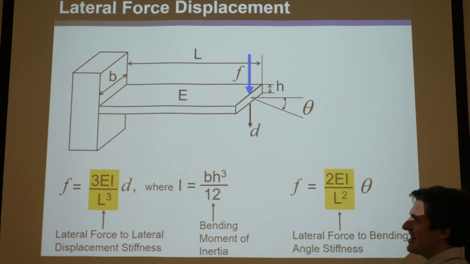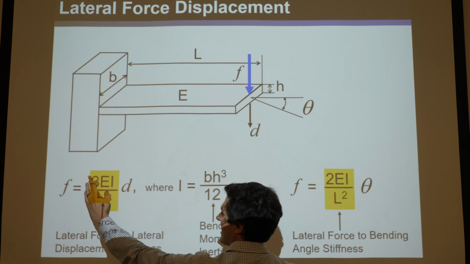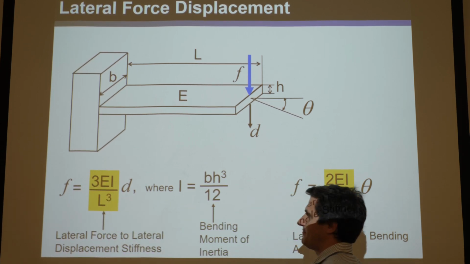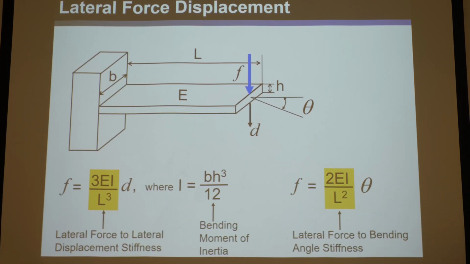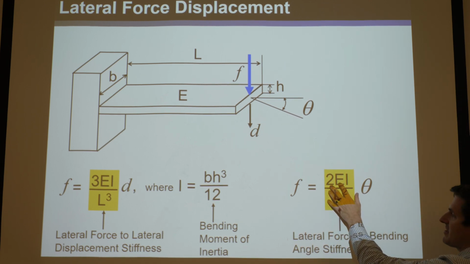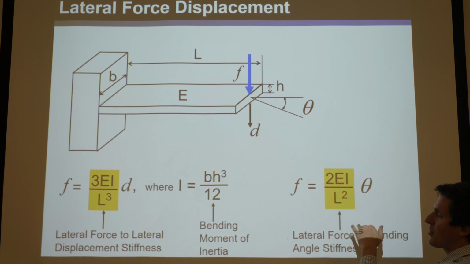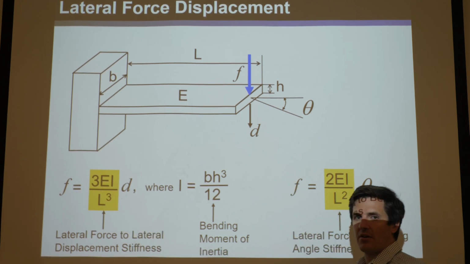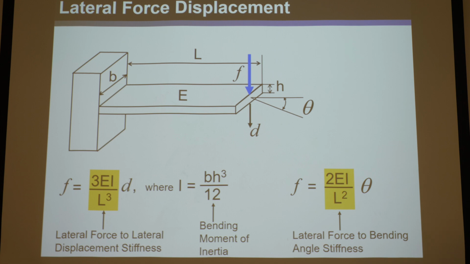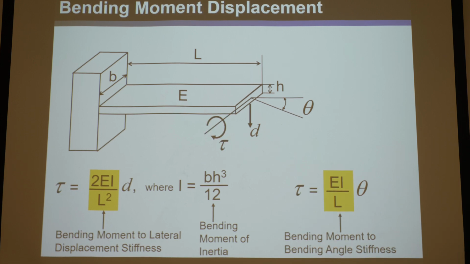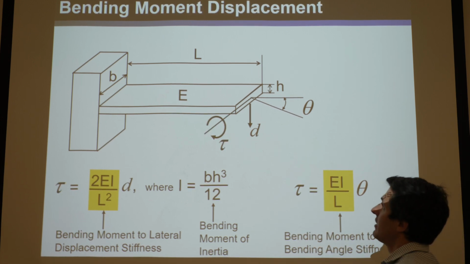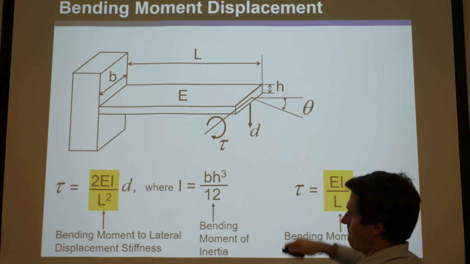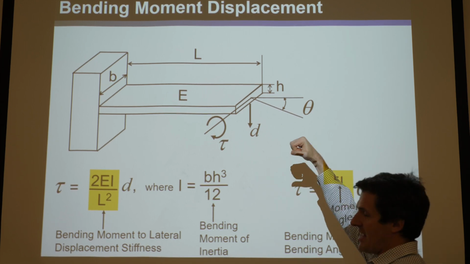So it's basically the exact same equation, except instead of 3 here and 3 there, you put 2 there and 2 there. Which is interesting. And again, this stiffness is in units of newtons per radian, or just newtons, and this is in units of newton per meter.